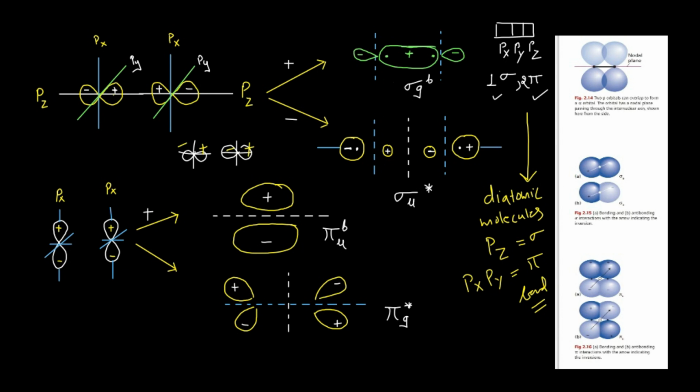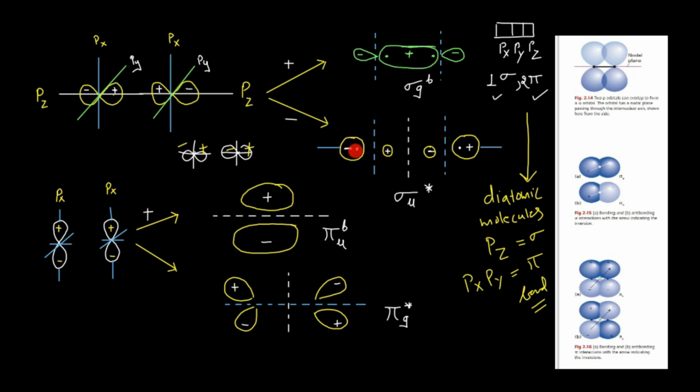So the positive phase is overlapping with the negative phase. That means one node will be present here again. It has to cross the nodal plane once if these two combine, right? When they cross the nodal plane, that plane would be here. So one node is here, another node is here, and a new node will form between, on the molecular axis. Please remember, on the molecular axis.